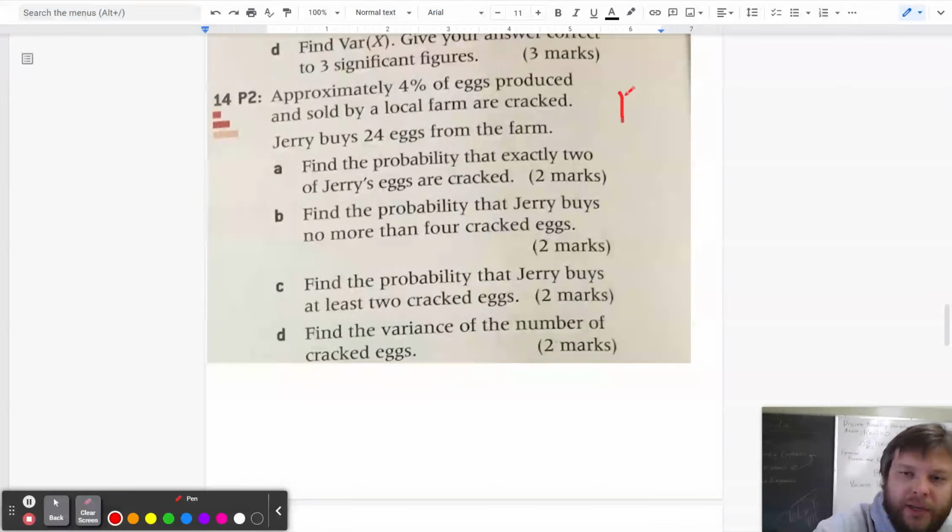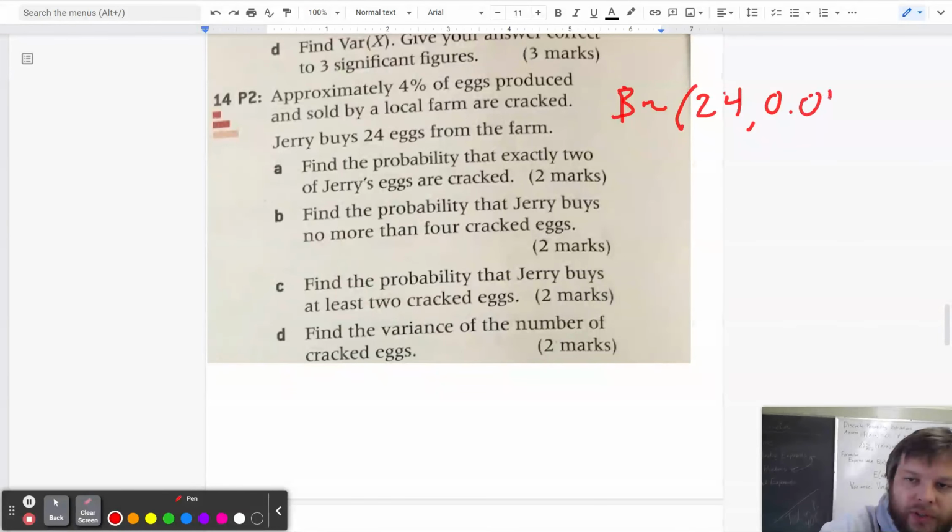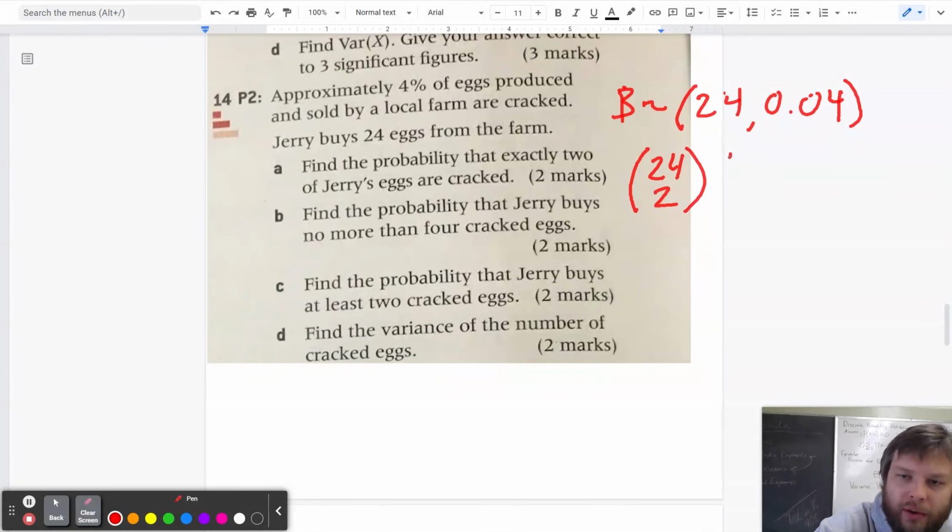So this is a binomial distribution where we have 24 trials and a 4% chance of them being cracked. And so the probability that exactly 2 of Jerry's eggs are cracked comes out to be: 24 eggs, we're going to choose 2 of them to be cracked.